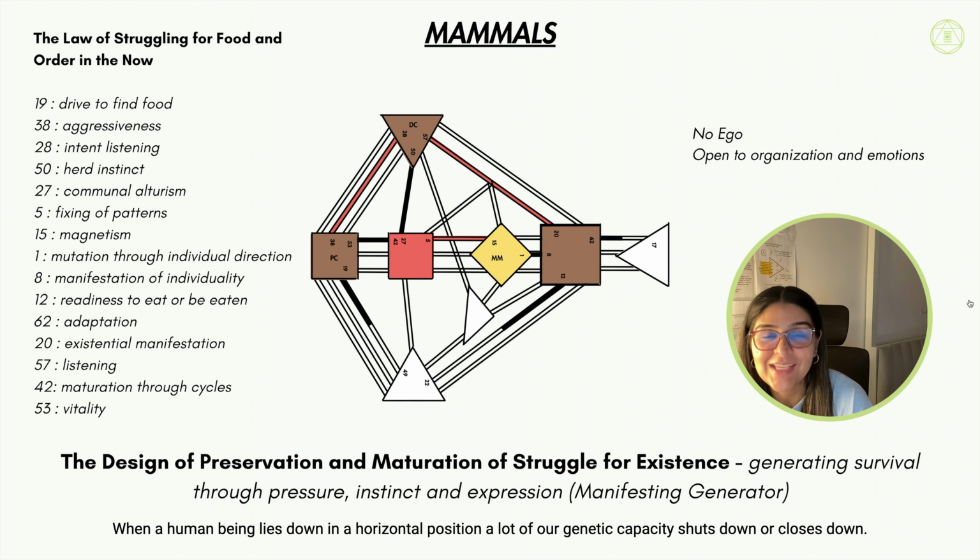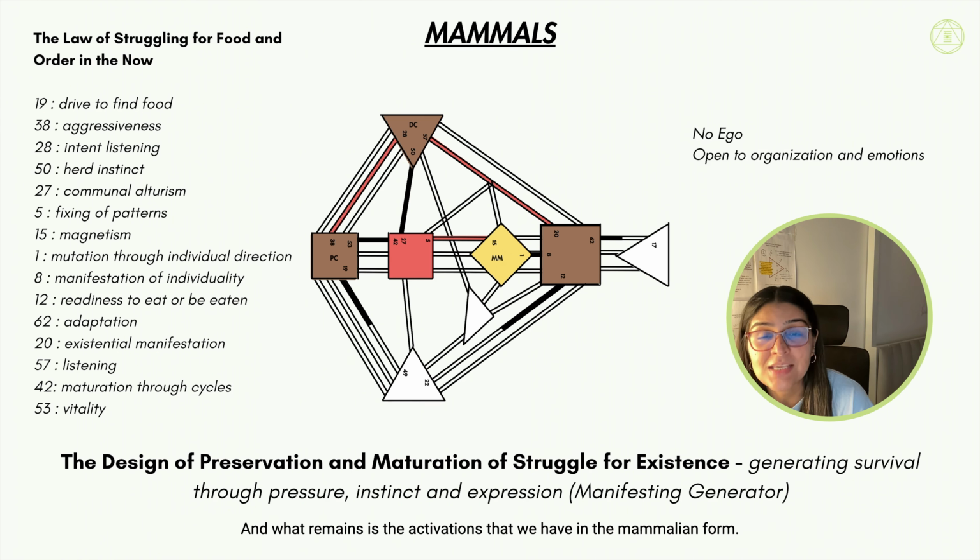When a human being lies down in a horizontal position, a lot of our genetic capacity shuts down or closes down, and what remains is the activations that we have in the mammalian form. So essentially, every single human being actually has a living mammal inside of them when they're horizontal, asleep, or awake.